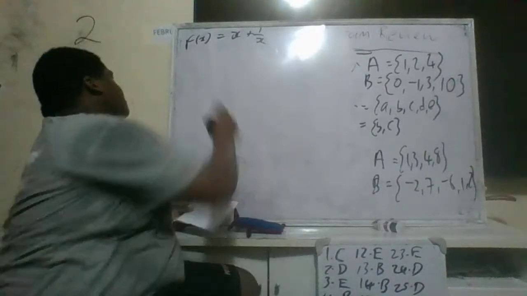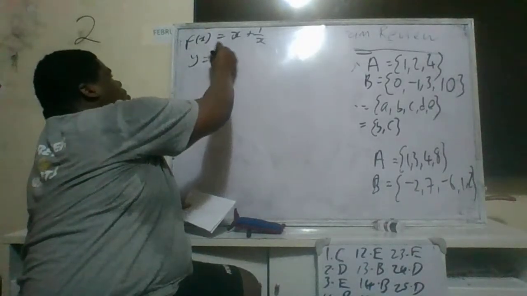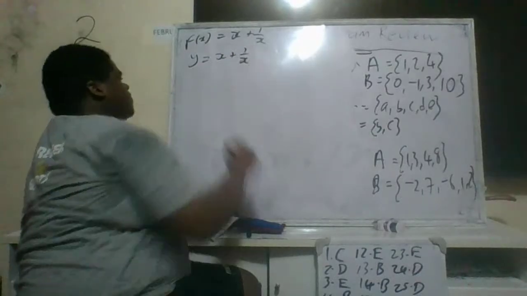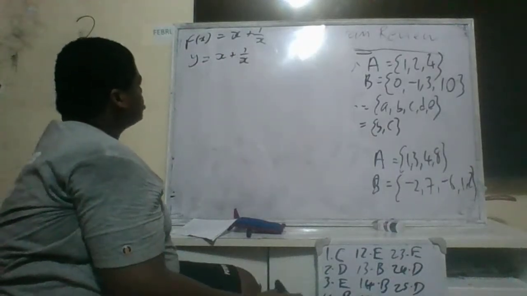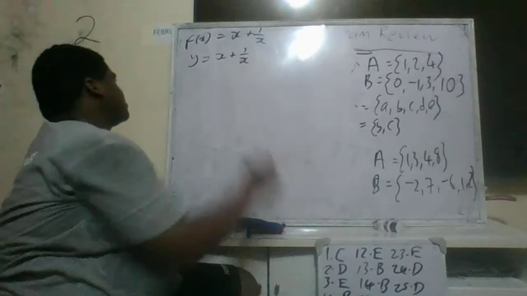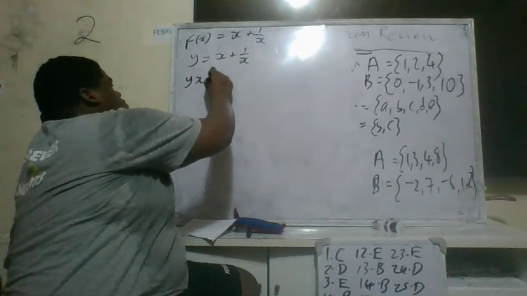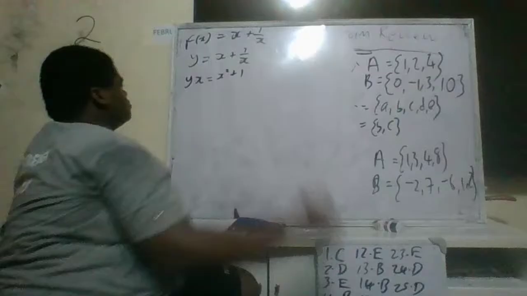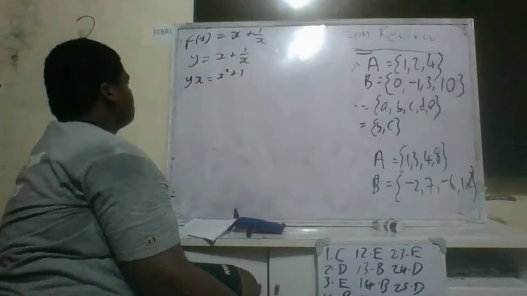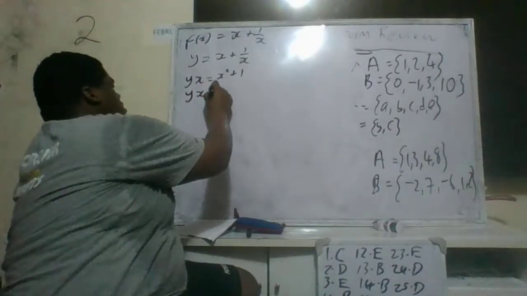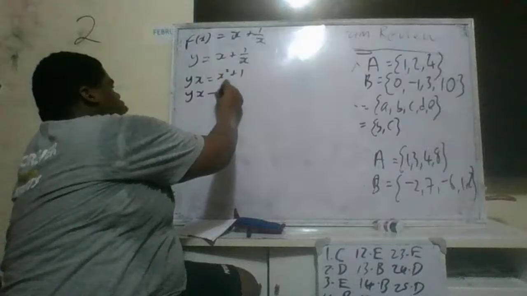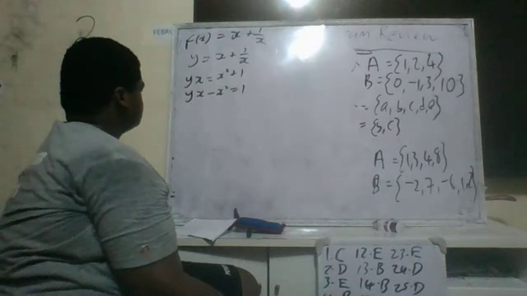The f inverse of 2: let y equal x plus 1 over x, right? Y equals x plus 1 over x. That means yx will be equal to x squared plus 1. That means yx minus x squared will be equal to 1.